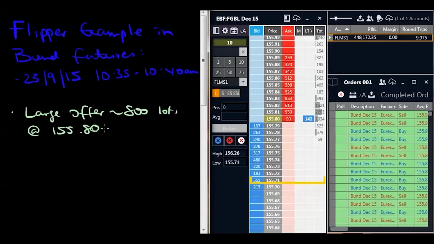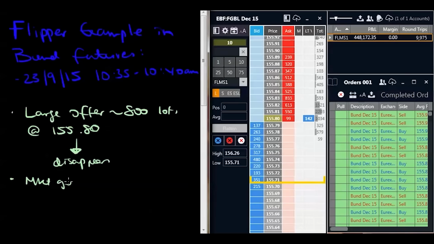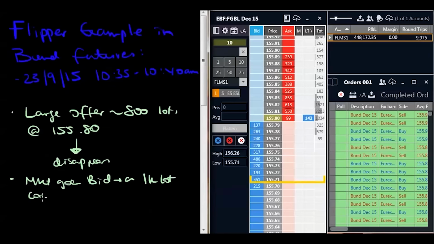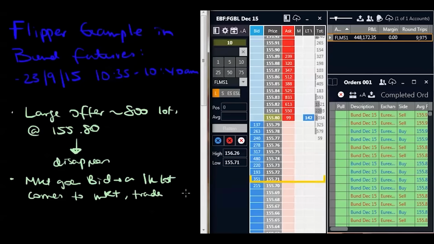Then that disappeared. The next process is that the market goes bid, and a 1K lot comes to market and trades at 155.81s.